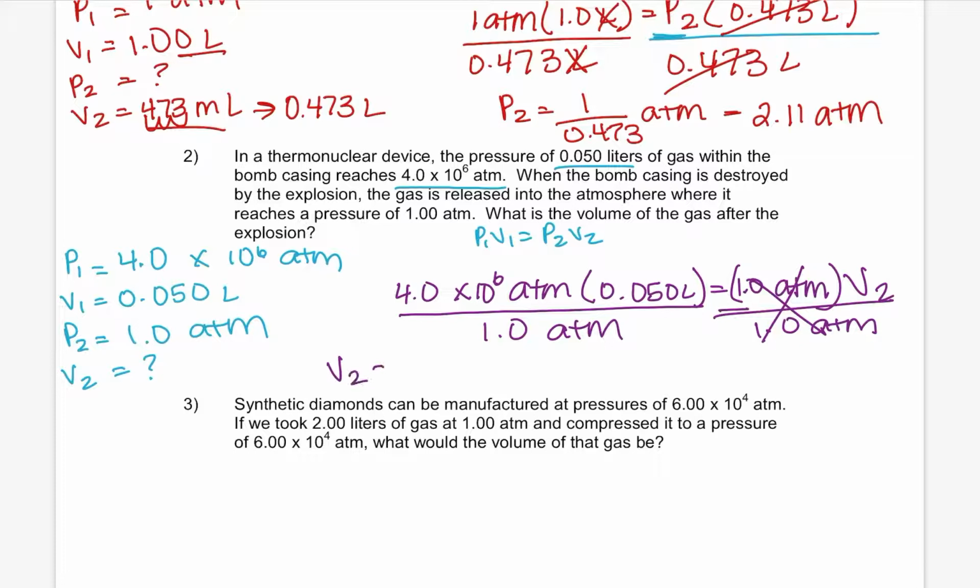So V2 is going to equal, we're going to cancel this ATM, and cancel this ATM. Since this is 1, you're not really doing anything with it, so you're just going to multiply up top.